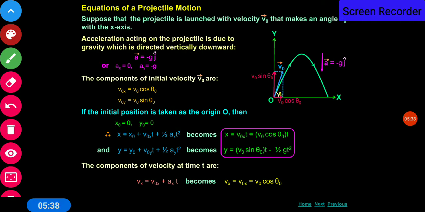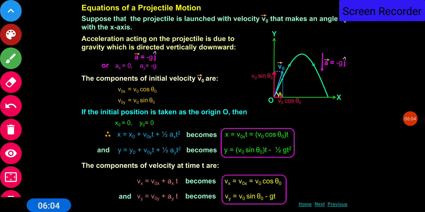At any time t, using the first equation of motion, v is equal to u plus at. So vx is equal to v naught x plus ax t. This will become vx is equal to v naught x because ax is 0, and vx is equal to v naught cos theta naught. So this is the velocity at any time t.